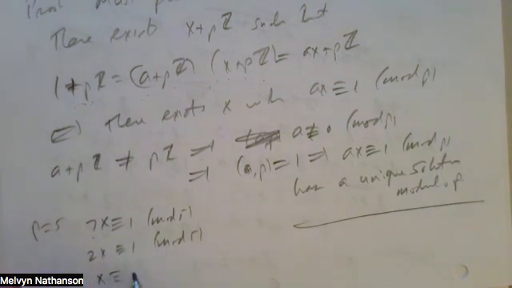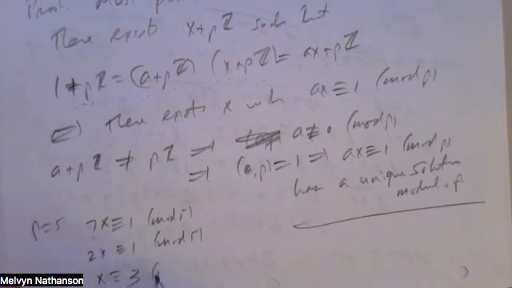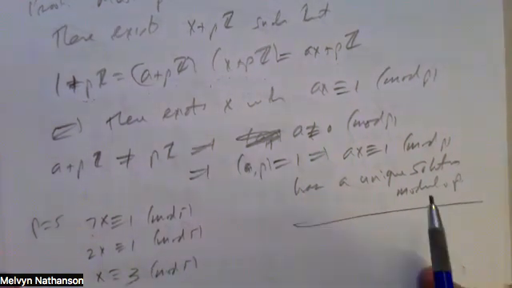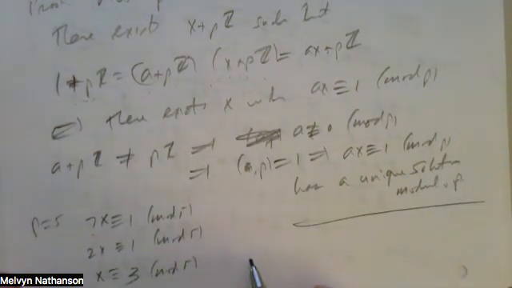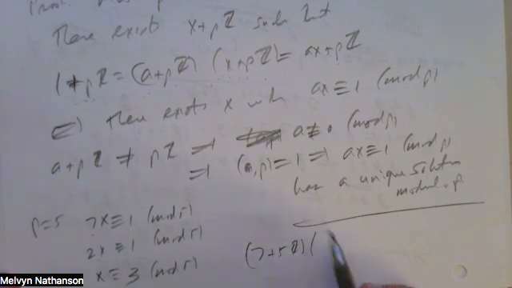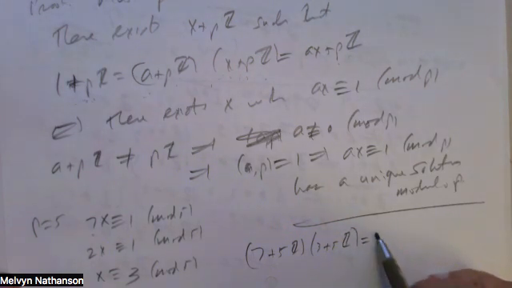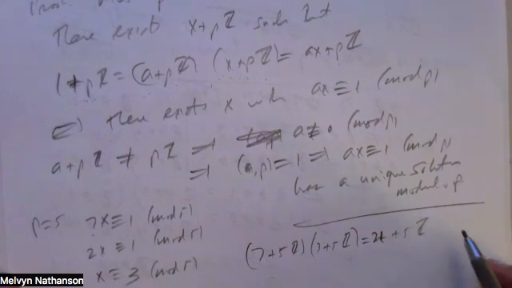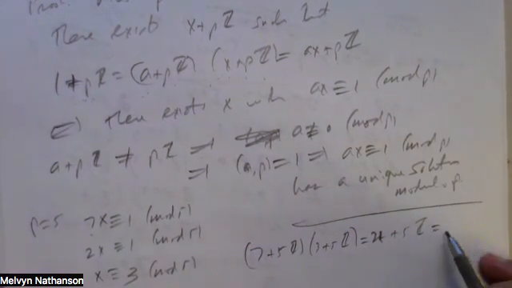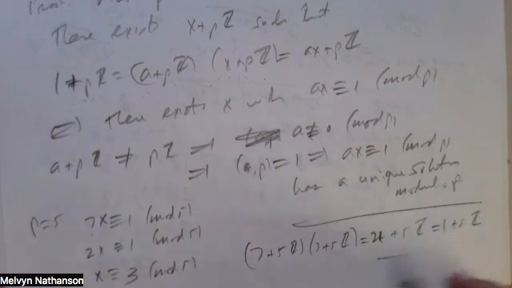So if I take any x congruent to 3 mod 5, the congruence class of 7 plus 5Z times the congruence class of 3 plus 5Z is the congruence class of 21 plus 5Z, and 21 is congruent to 1 mod 5.